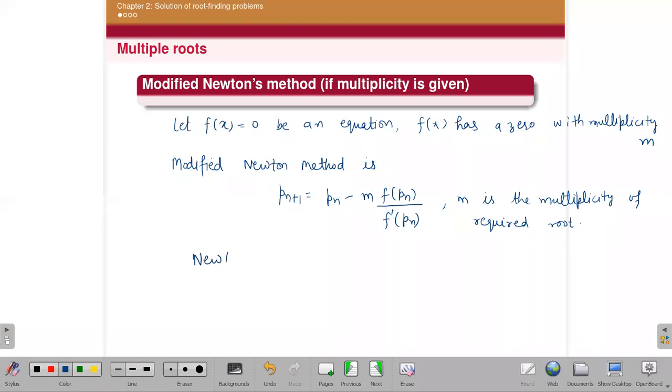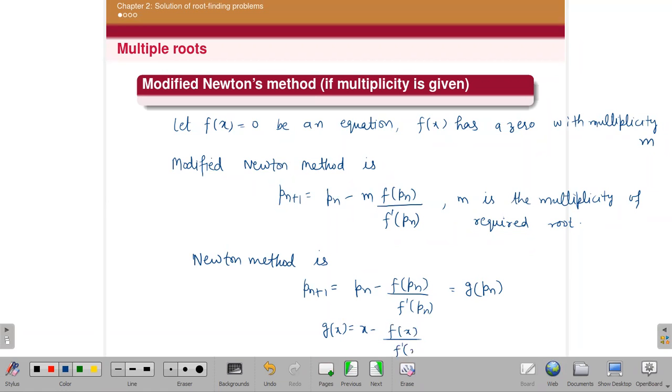In Newton's method, p n plus 1 is equal to p n minus f of p n divided by f dash at p n. This is the simple Newton method, and we have already checked its convergence by taking it as g of p n, where g of x is equal to x minus f of x divided by its derivative.